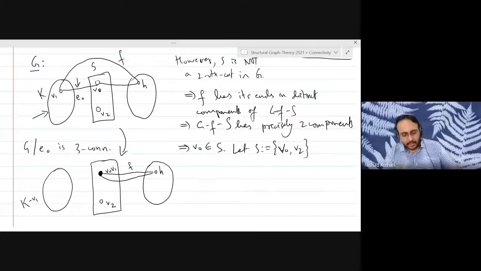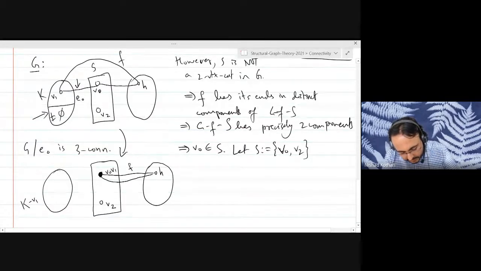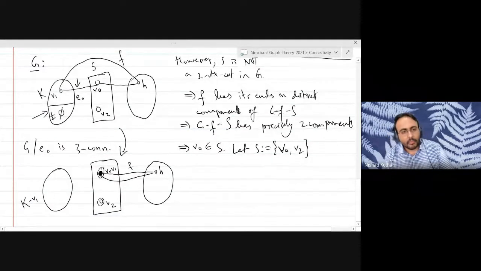If there are any other vertices in this set K apart from V1, if this is non-empty apart from V1, then the only edges that K minus V1 will connect to is the contraction vertex and the vertex V2 in the graph G contract E0. And that means that this will be a 2 vertex cut in the graph G contract E0. That is a contradiction because this graph is 3 connected.